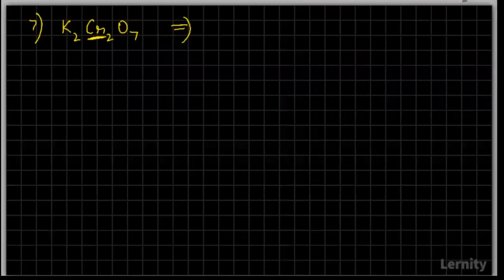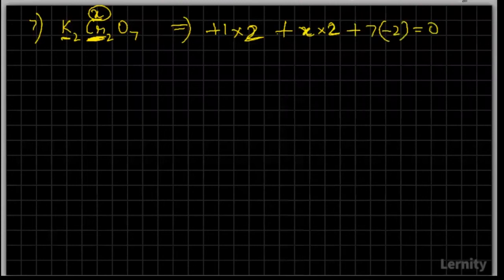So how we have to do this: potassium has a fixed oxidation number of +1, into how many potassiums do we have? That is 2. For the other one, please be careful, as we don't know the oxidation number of chromium. I'll take it as x, but x has to be multiplied by 2, because I have 2 atoms of chromium, and plus 7 into -2, this whole thing should equal 0.